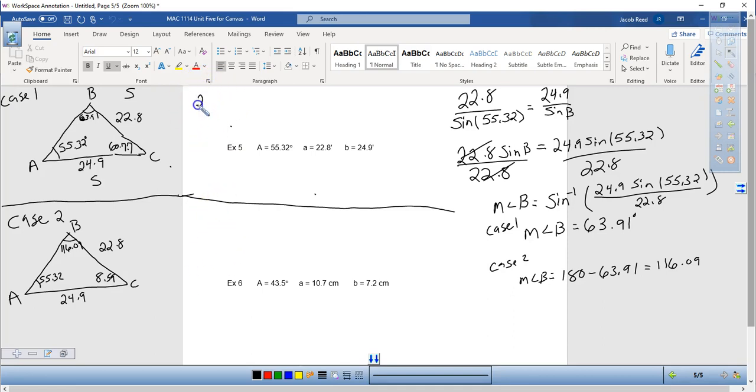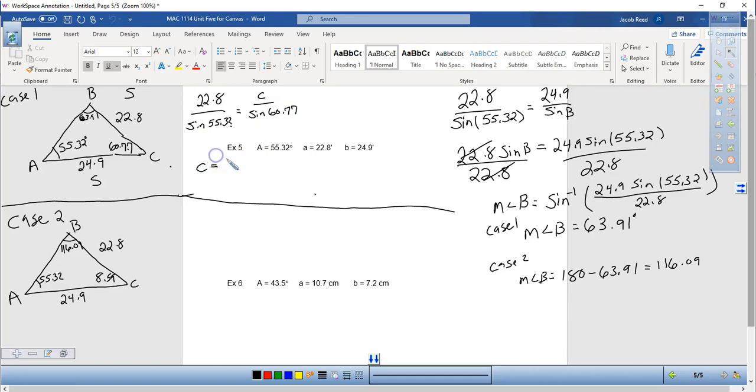So case 1, 22.8 over sine 55.32 has to equal side C that we don't know over sine 60.77.